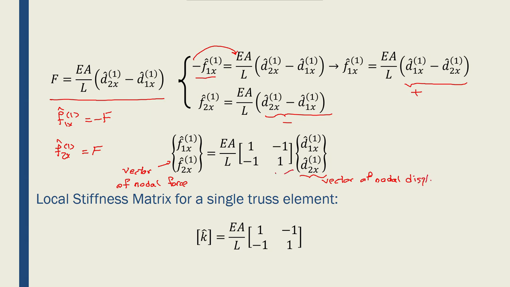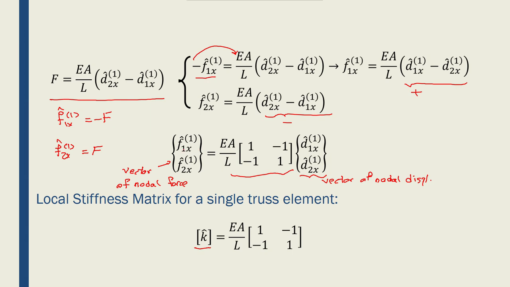And what we have in here is going to be the stiffness matrix, or the local stiffness matrix of a single truss element. So we show it like here with a hat on top of the K to show that this is local. EA over L is usually constant, and the elements of the matrix, I'm sorry, it's a 2x2 matrix, become 1, minus 1, minus 1, 1.